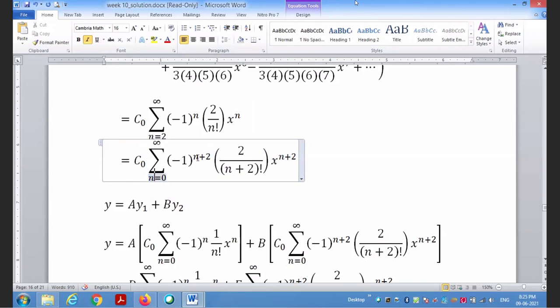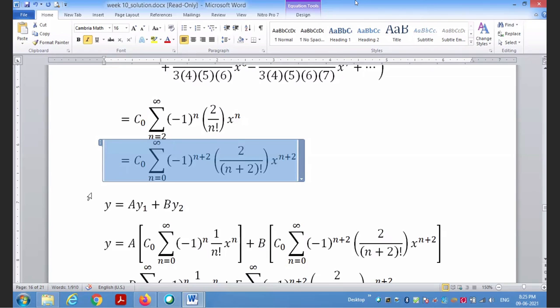I mean, n minus 2. Sorry, here, n plus 2. n plus 2 equal to 2 means n equal to 0. Here we replace n with n plus 2, n plus 2, and n plus 2, right? So we have this general term. Before this we didn't get the general terms. This one is much better.